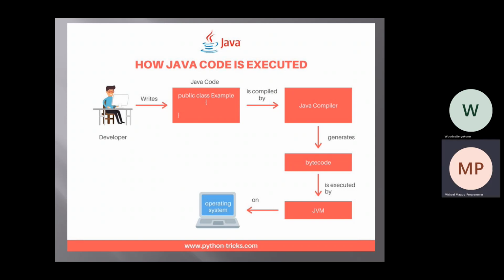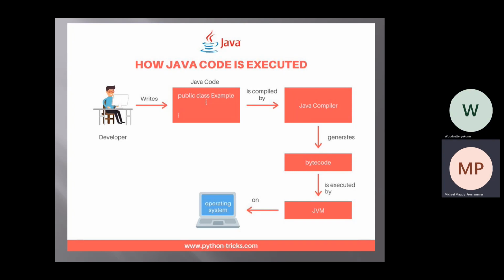It is a set of instructions. Still, this is not the final version that will run on the hardware, but it's something in between the source code and the final machine code that will run on the hardware. So now we have the bytecode generated from the Java compiler.